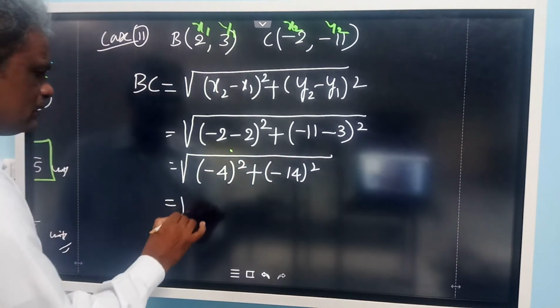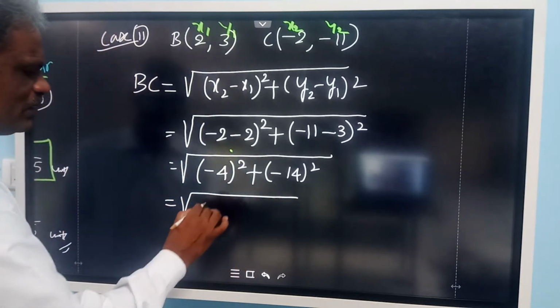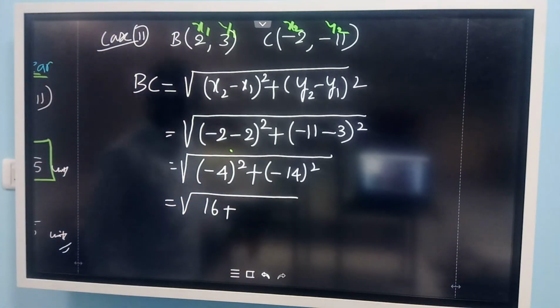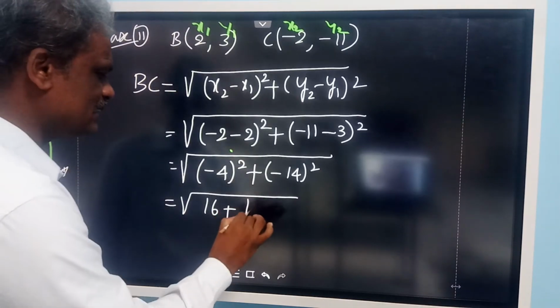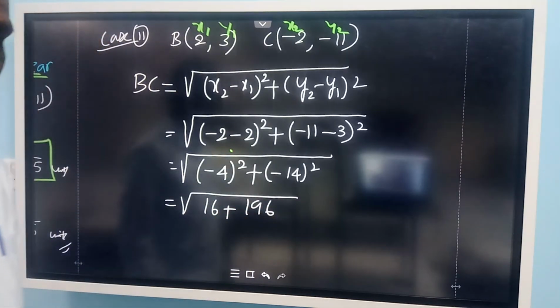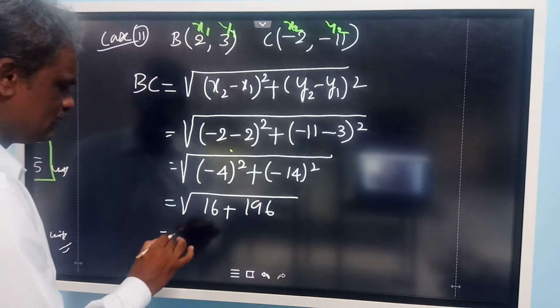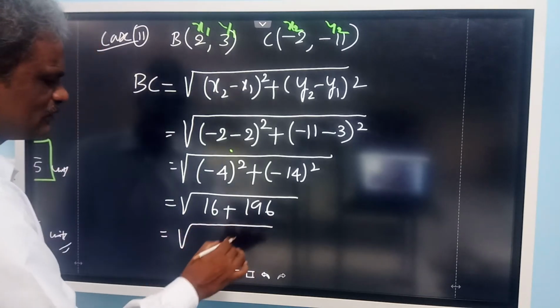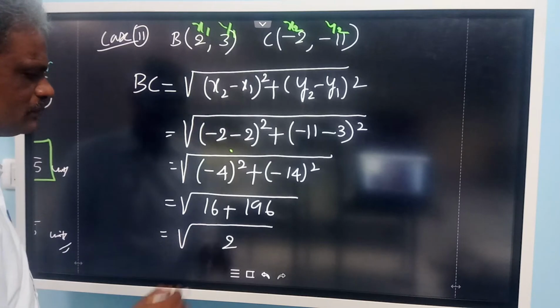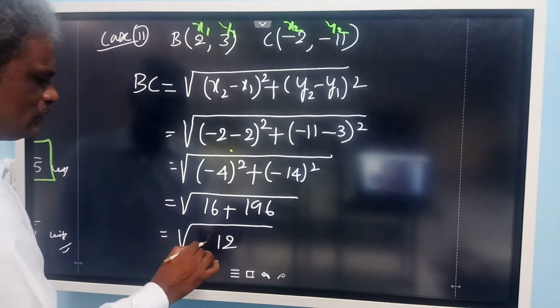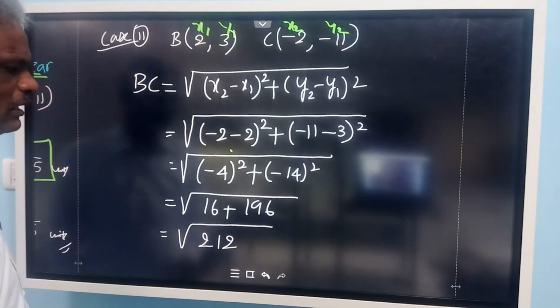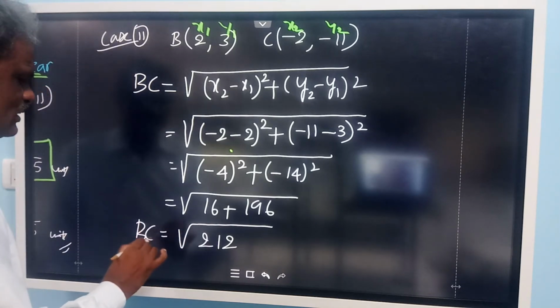Minus 4 into minus 4 is 16. What is 14 into 14? It is 196. Adding these, 6 plus 6 is 12, then 9 plus 1 is 10, 10 plus 1 is 11, so 212. So now BC is root 212.